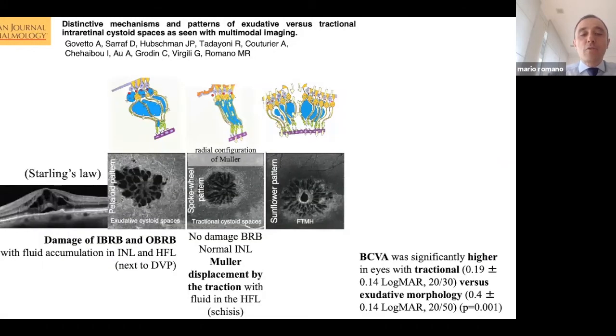So, in case of exudative form, we have this petaloid pattern because of damage of the inner-outer retinal barrier. Whereas in tractional form, we have this spoke-wheel pattern with the Mueller displacement, but with no damage of the retinal barrier and inner nuclear layer.